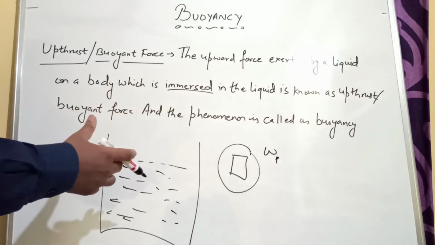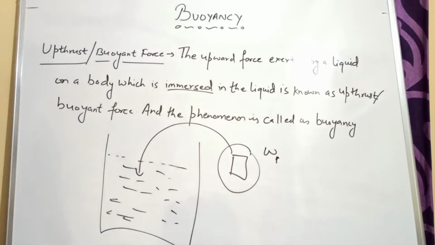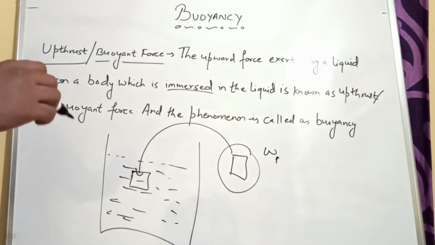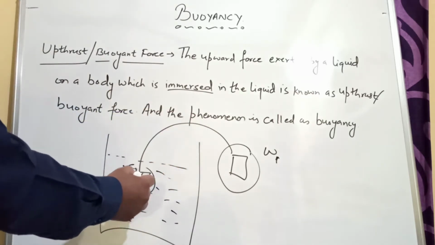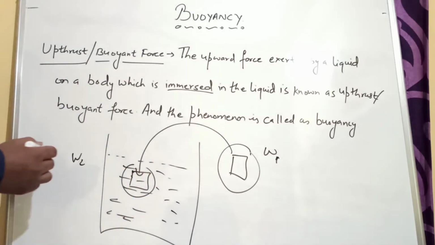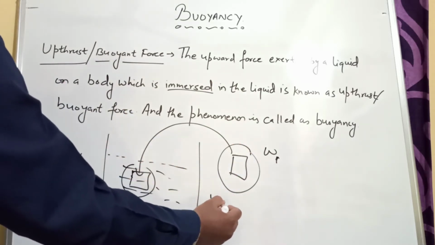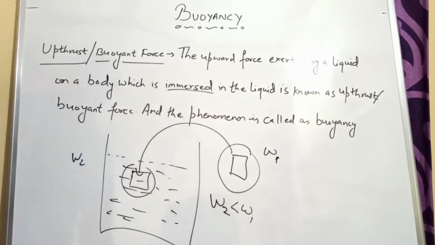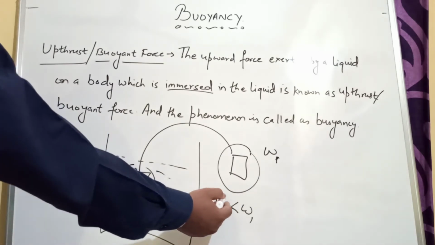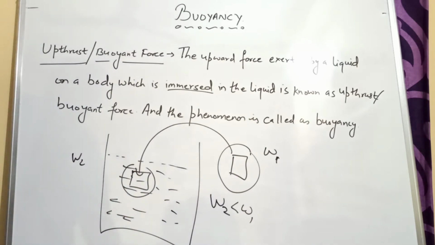Now take this object and dip it inside the water. When you measure the weight of the object now, say it is W2. When we compare W1 and W2, we see that W2 is less than W1. Although the object is the same, the weight is coming less in water with respect to when it is outside.